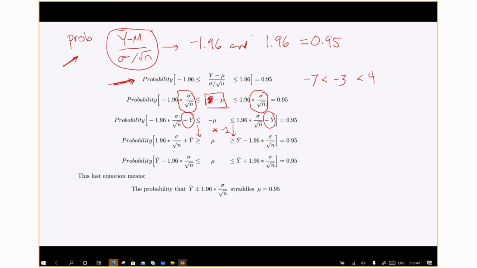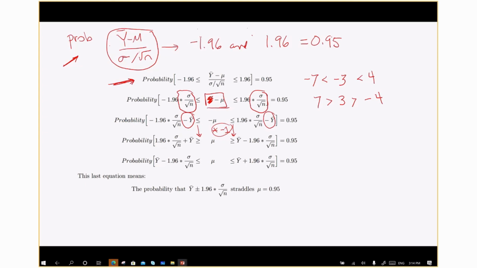Now, let's multiply everything by -1. What do we get? We get 7, 3, and -4. In order to make that work, we have to flip the inequality signs, so now we've got a true statement. So that's what's happening here. Everything is multiplied by -1, and as a consequence, we've flipped the inequality signs.